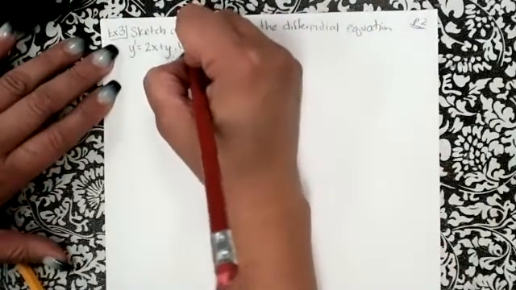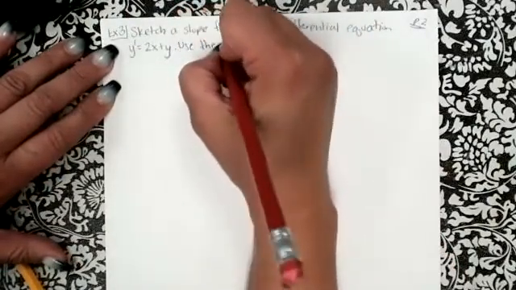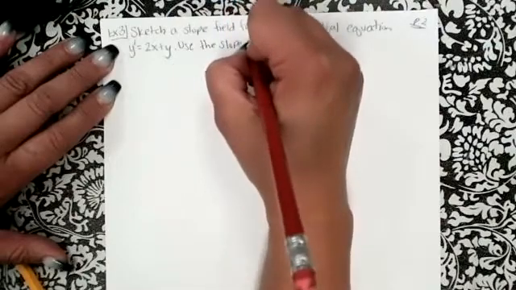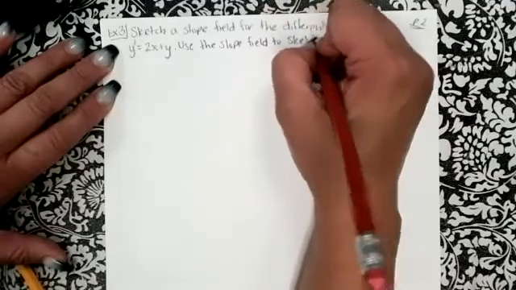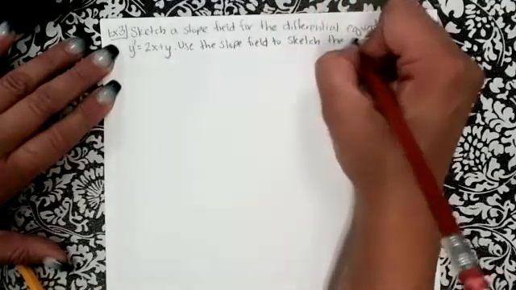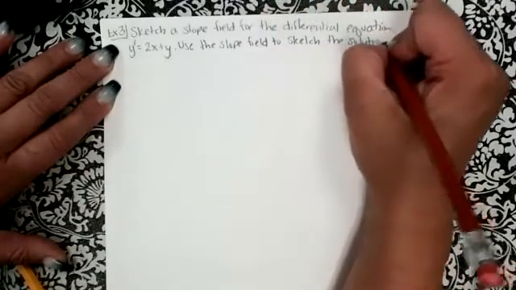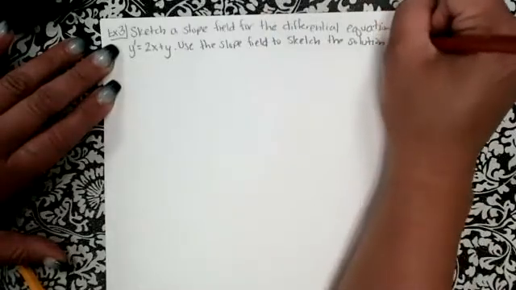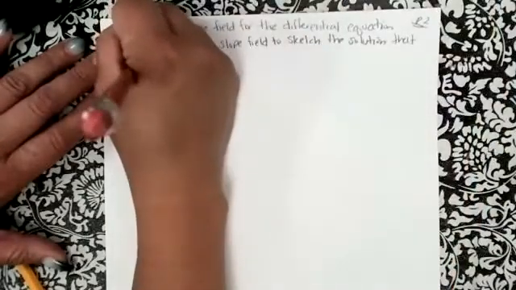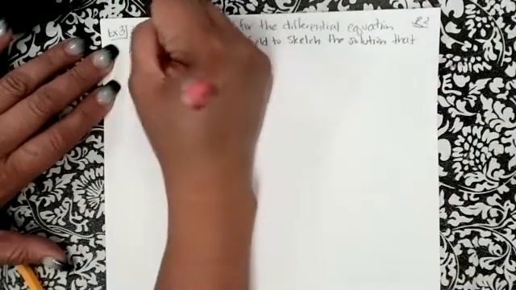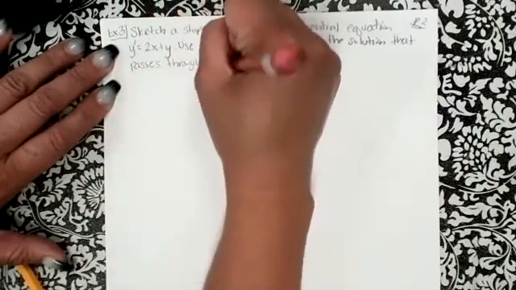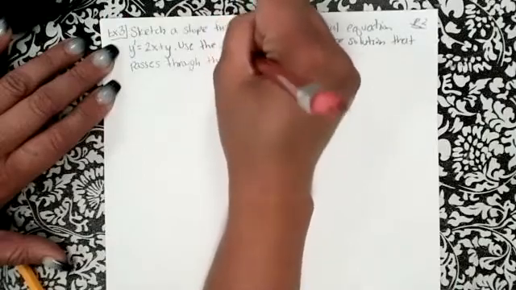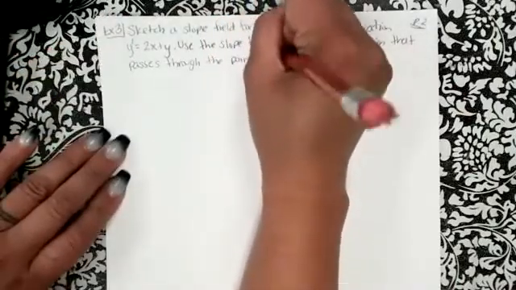We're going to use the slope field to sketch the solution that passes through the point 1, 1.